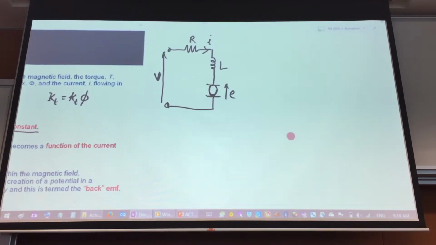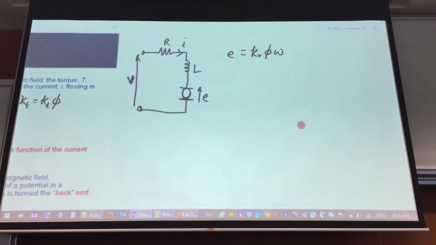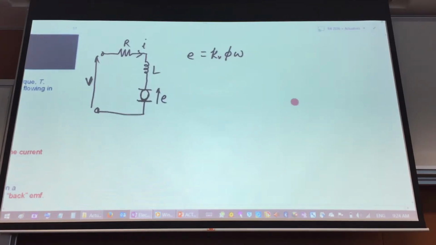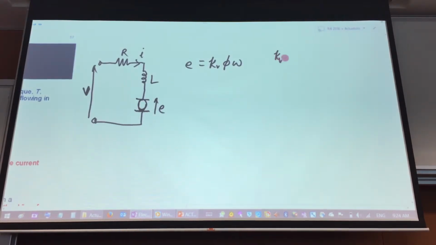So we could formulate an equation for back EMF E. It's given as kV phi omega, and I'll define them. Your kV is just a constant, right? It's just a number. This capital letter kV will be your torque constant.